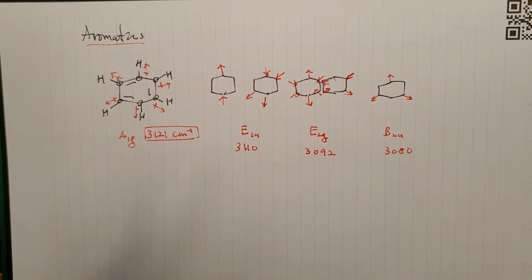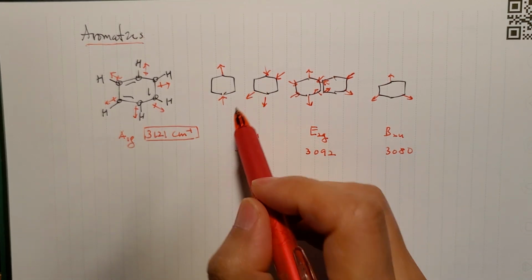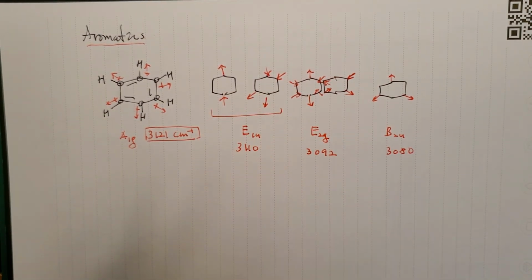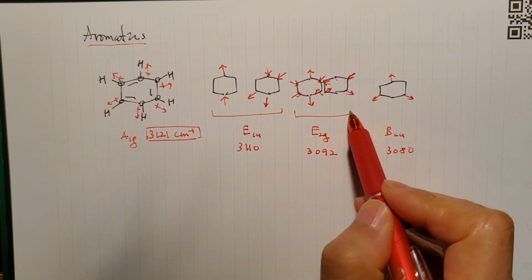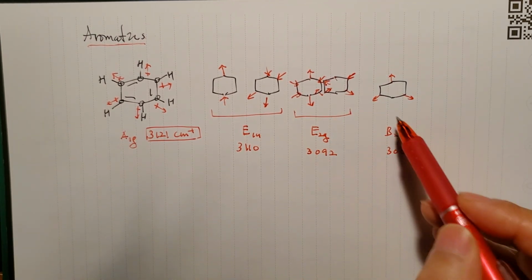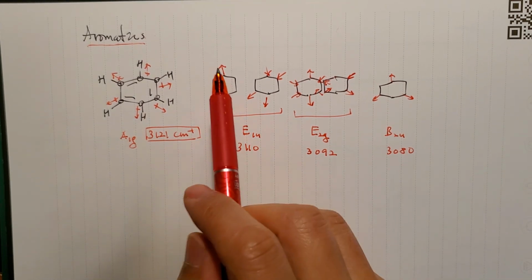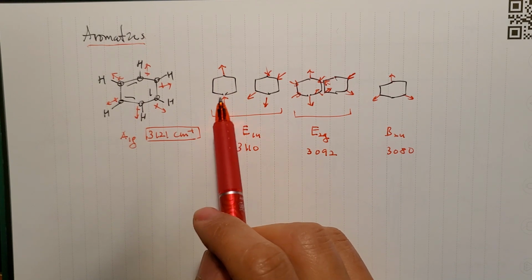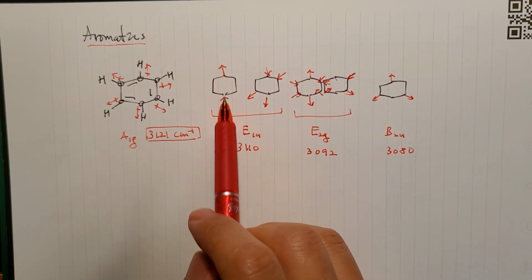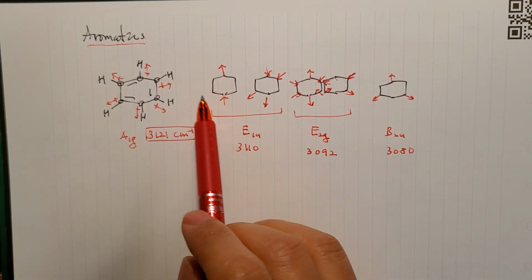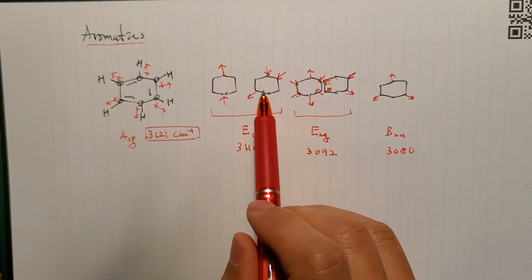Then there are about 5 more CH stretchings, and these two belong to the E1u symmetry, and those belong to E2g symmetry, and that belongs to the B2u symmetry. And as you can see, hydrogen stretching out, stretching in, and coming back, going out, while other hydrogens are not moving.